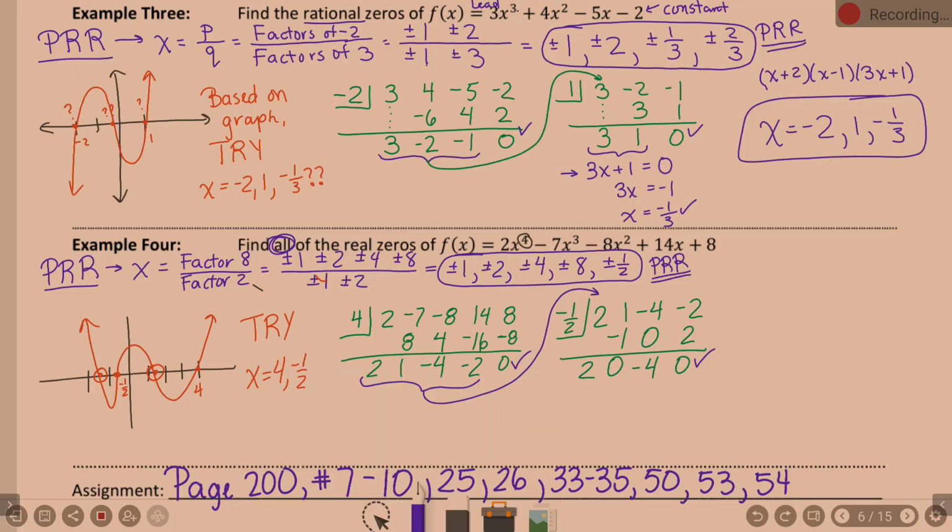Now, here's the deal, guys. We have to know what 2, 0, negative 4 represents. This originally was x to the fourth.